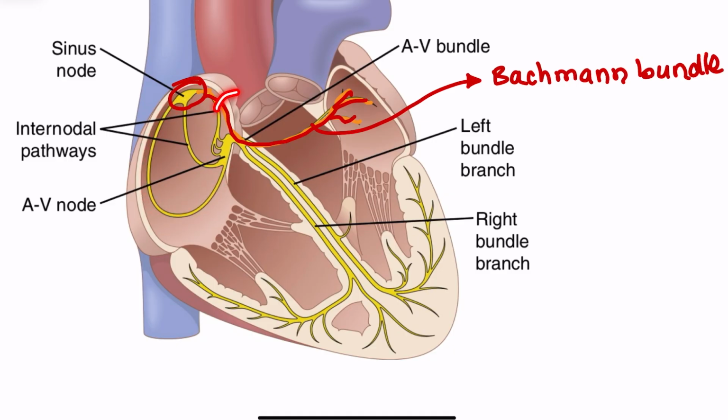They are located in the anterior wall of the right atrium, the lateral wall of the right atrium, and the posterior wall of the right atrium. It takes around 0.03 seconds for the impulse to reach from SA node to AV node.